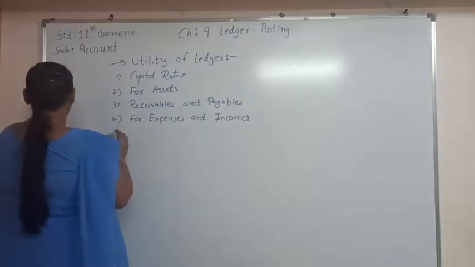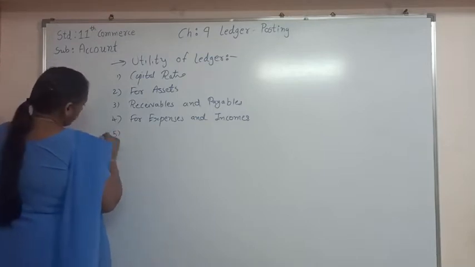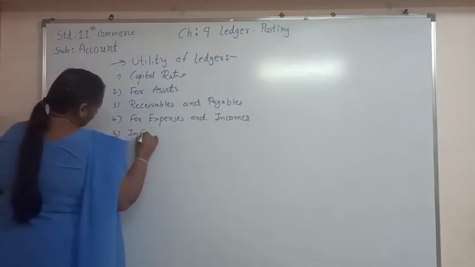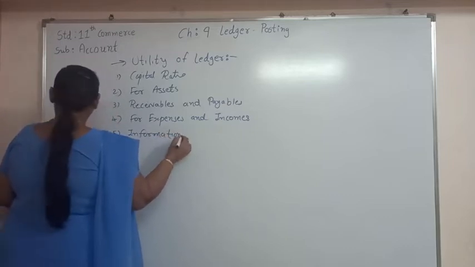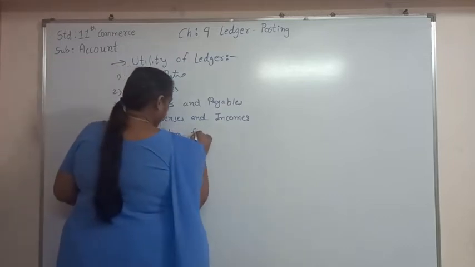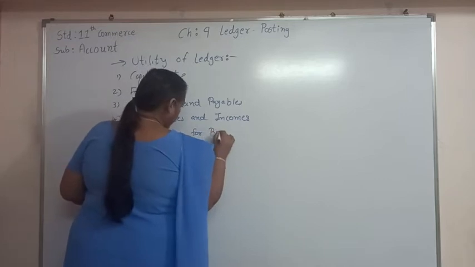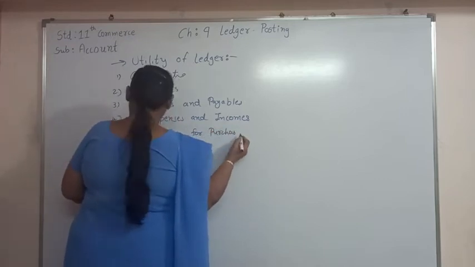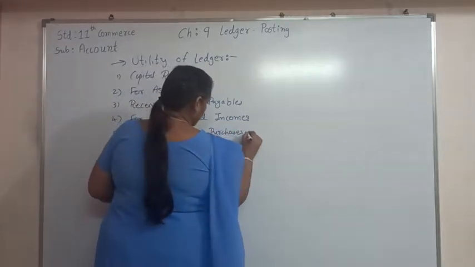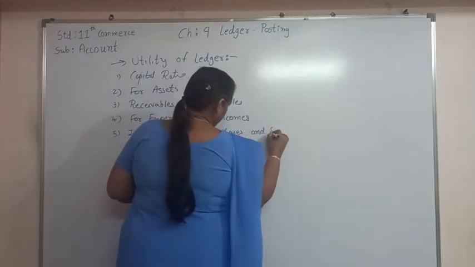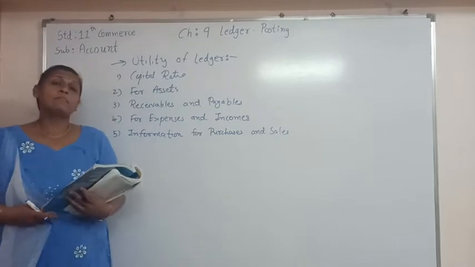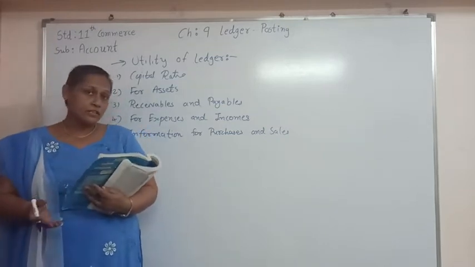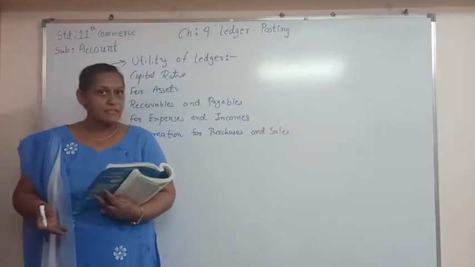The next one is information for purchase and sale. In the business, we are running the business through purchase and sales of goods.